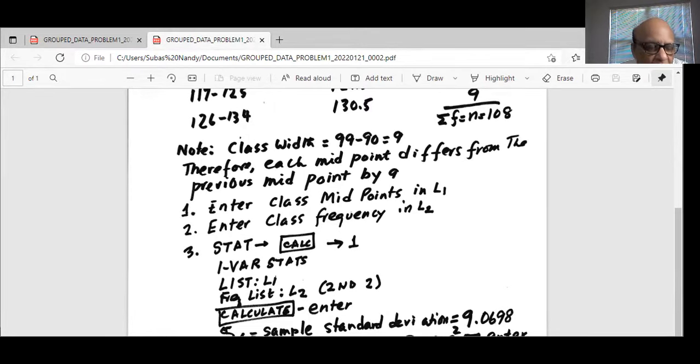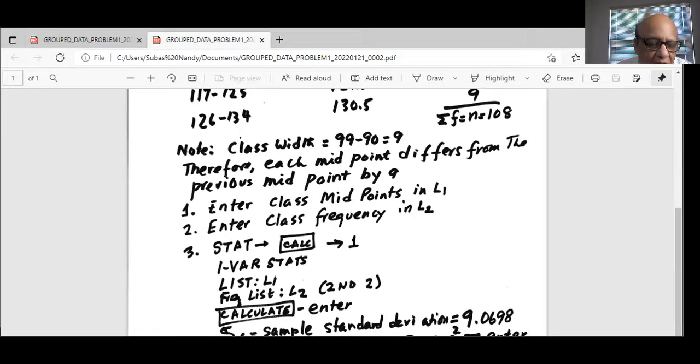Actually, in the same group of calculation, if you scroll down, you will see Sx, that is the sample standard deviation, 9.0698. So I type separately in my calculator 9.0698, which is the standard deviation of this group data.